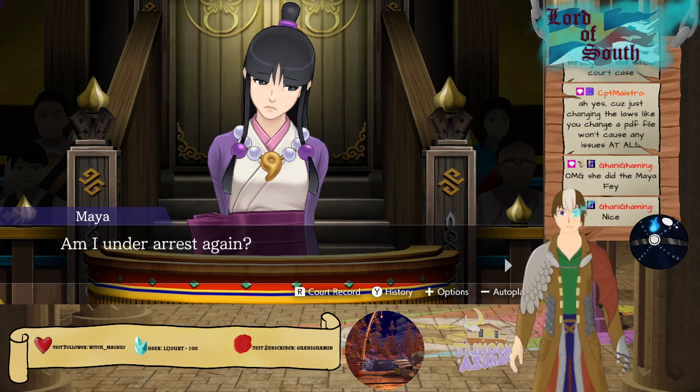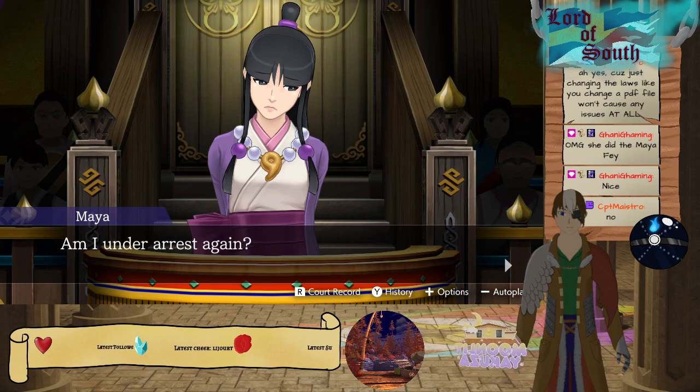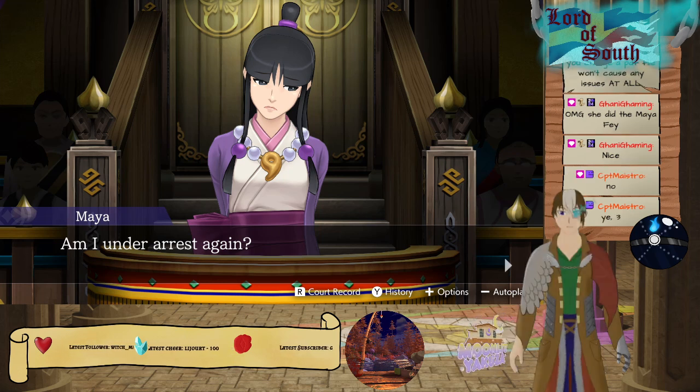No, 3 times. First game, I think, last game. No! Last game. 3 times. She's been arrested 3 times. Because I know she was kidnapped twice now. I remember the first game, she was the main suspect.